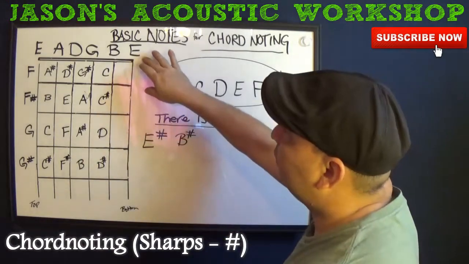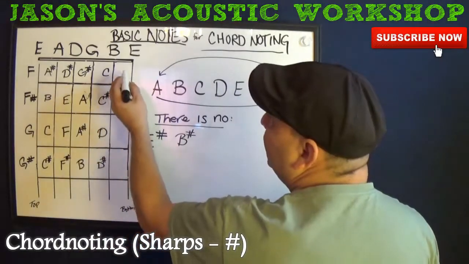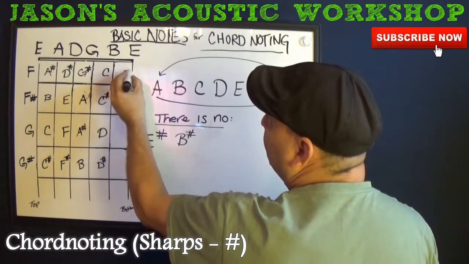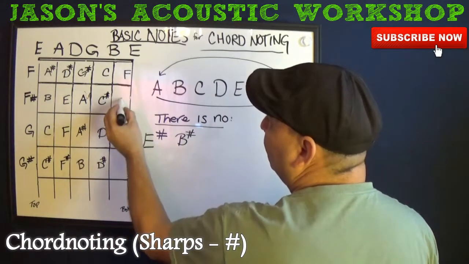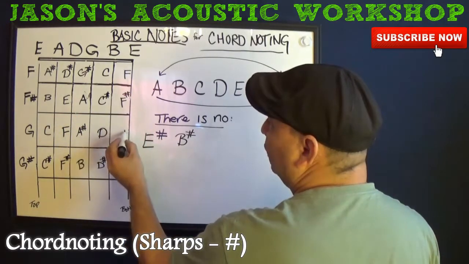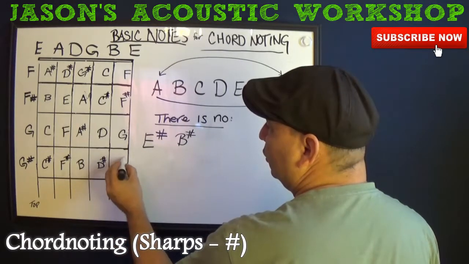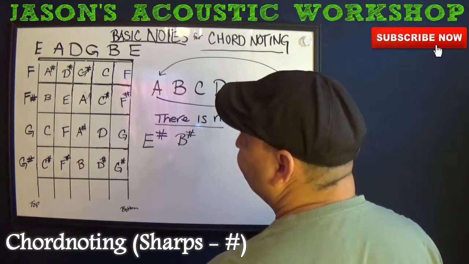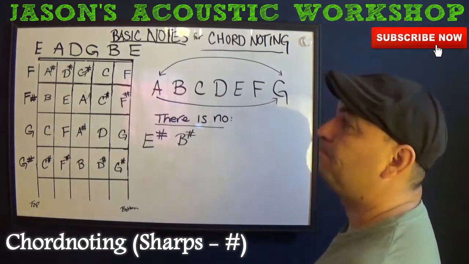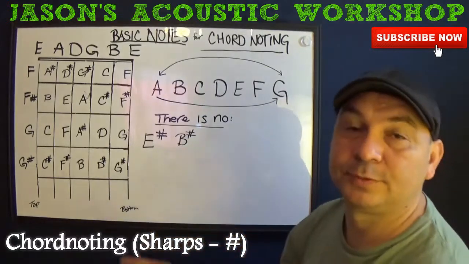Last string is E. It's the same as the top string. So it's going to be E, then F, F sharp, then G, and of course G sharp. Okay? Those are your notes for your sharps.